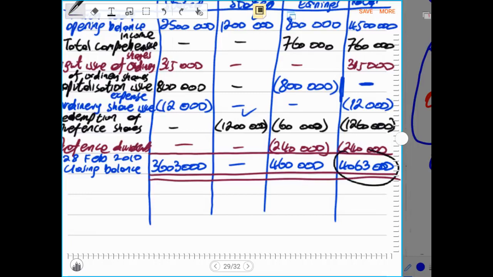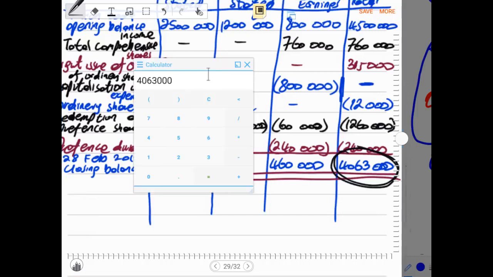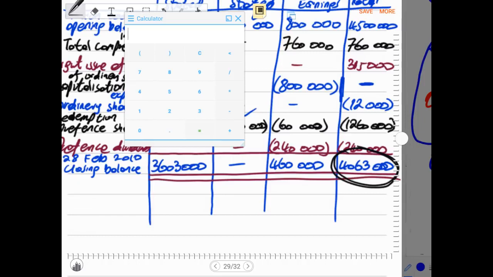So now this balance at the end, let us confirm if it aligns when we calculate from a vertical or horizontal perspective, where we say 3,610,000 and we say plus 460,000 and we get to the same amount, which is 4,063,000. So now it is the same 4,063,000 and we have recorded that correctly.